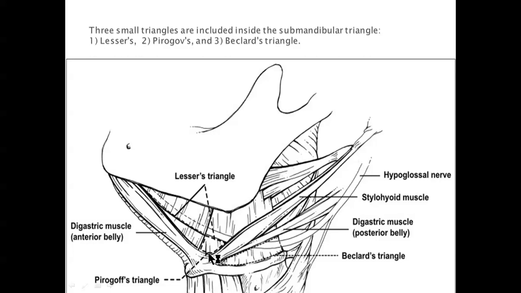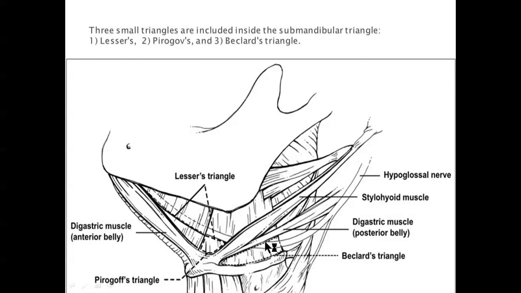The important point is that it will also have your lingual nerve and lingual artery. Just important for the exam purposes: the lingual artery found in this area in Pirogov's triangle is very easily found, and that part can be used for microvascular anastomosis if dissected and taken.